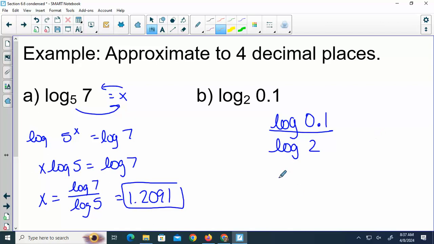Plug that in. Negative 3.321 then. Is that okay? Do we need any more practice with those?